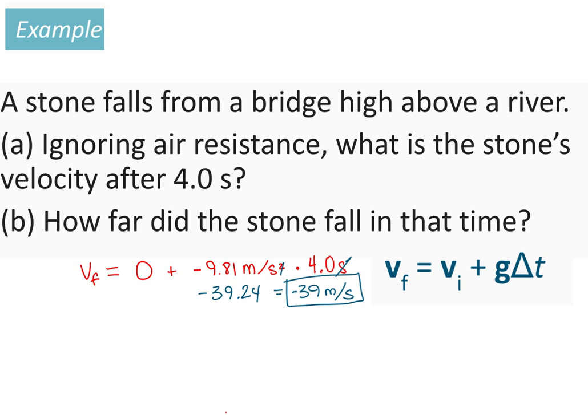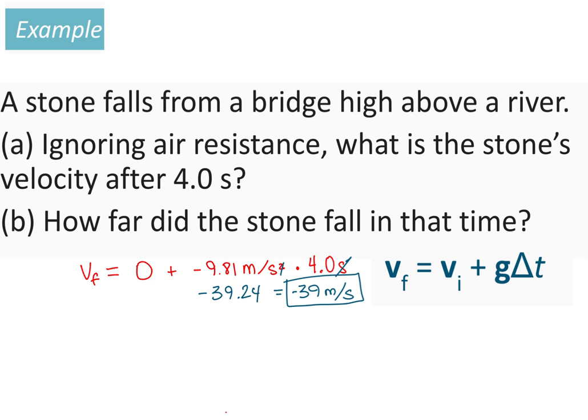We're not going to round that much, but if you did, you could do a quick check. I fell at negative 10 meters per second squared for 4 seconds, approximately negative 40 meters per second. A negative 10 is an approximation of gravity, and you can see if your answer makes sense. Negative 39 then makes sense when I did it exactly.